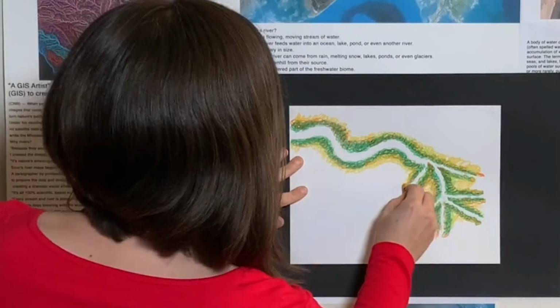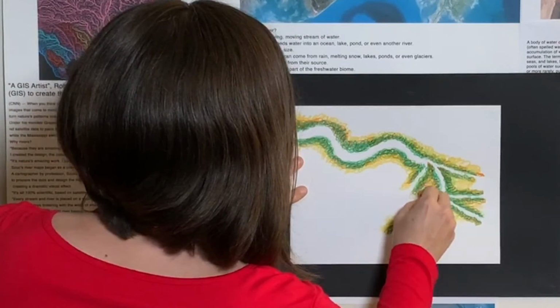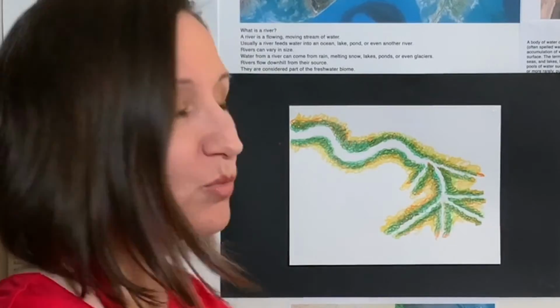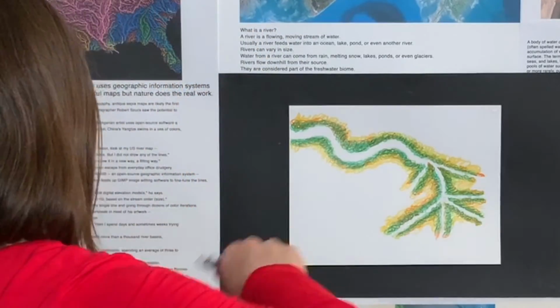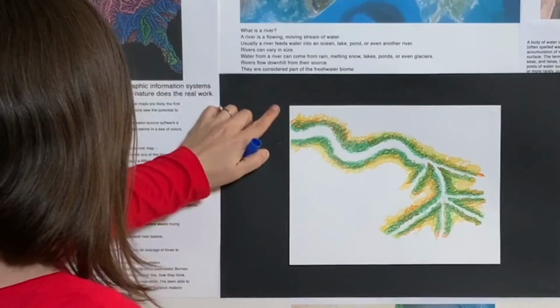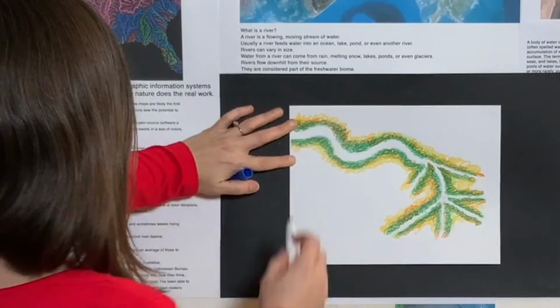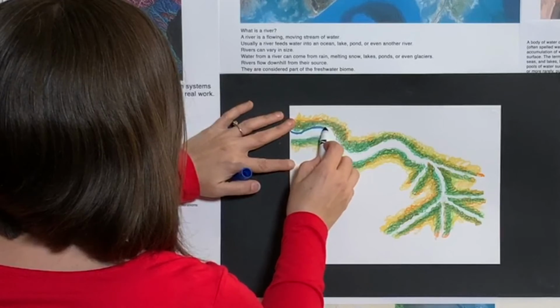Okay, so we're almost ready for the next part, and it's the most exciting part because we're going to use marker and we're going to create our water with the blue marker. So I'm going to start up here and I'm going to make that water flow.